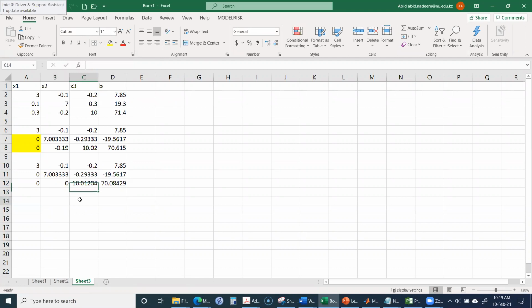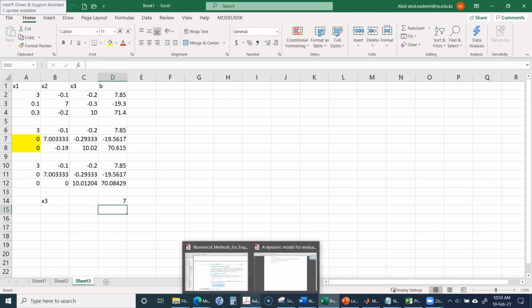Now if I want to find x3, x3 will be equal to this value divided by this value. So it will be 7. Yeah, we get a crisp 7 answer over here.